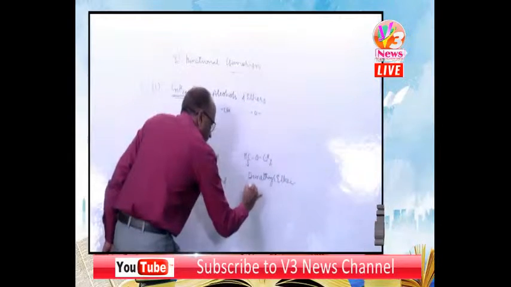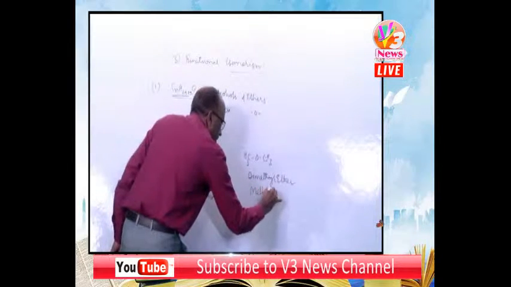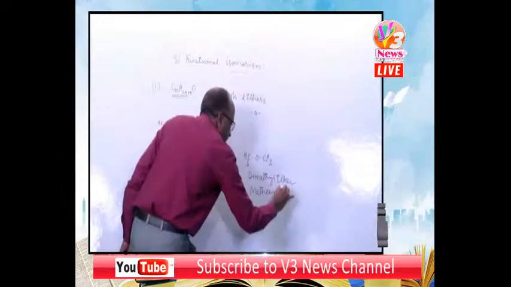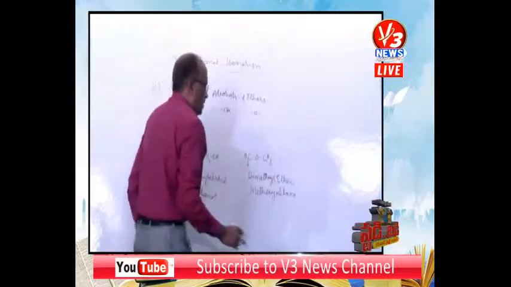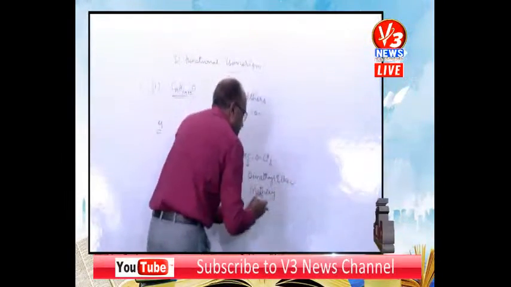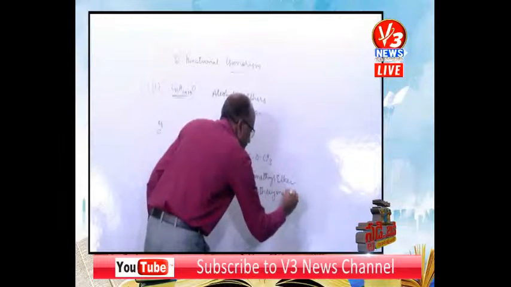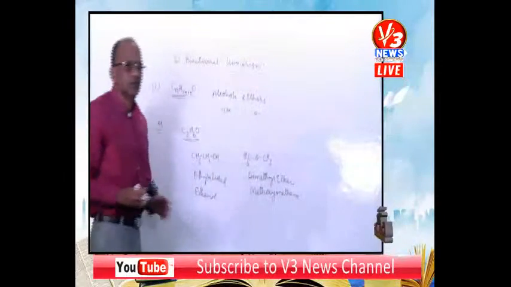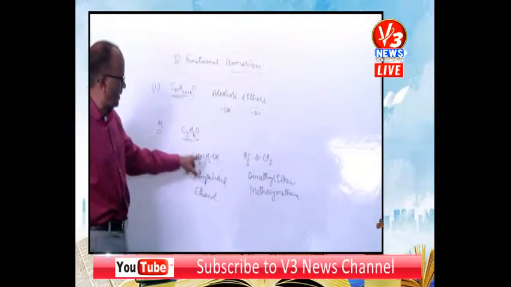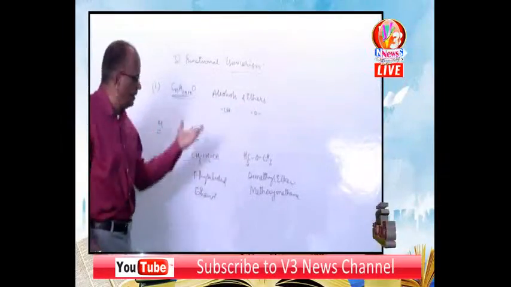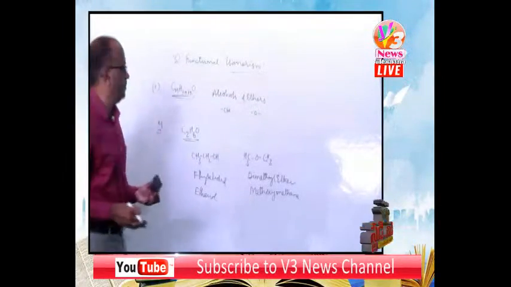And general IUPAC name of ethers is alkoxyalkane. So in this way, methoxymethane. So this is the IUPAC name. Now what is the difference here? They differ in nature of functional group.